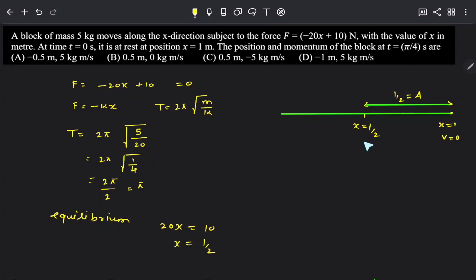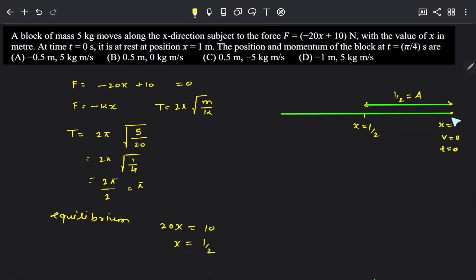It means that at t is equal to 0, it is at rest position x is equal to 1 meter. At t is equal to pi by 4 it is asking.